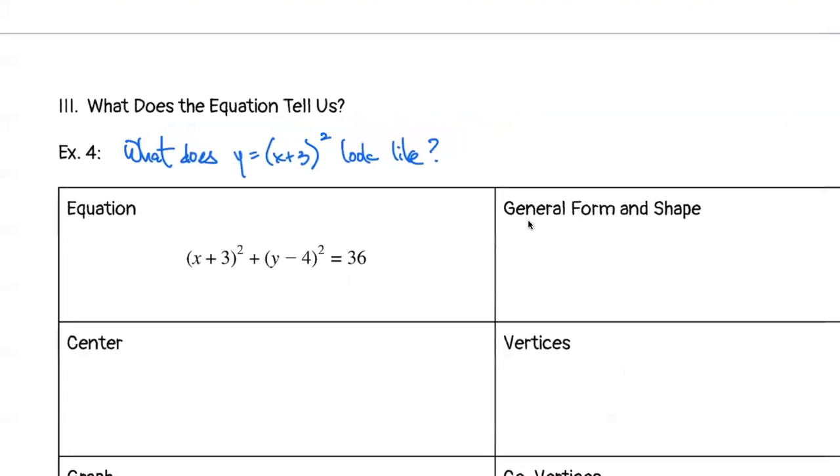Right, so we've talked a lot about graph transformations. Wanted to start the year with graph transformations because they come up again and again and again. And so if we just looked at this x plus 3 piece, would you know what shape that is?